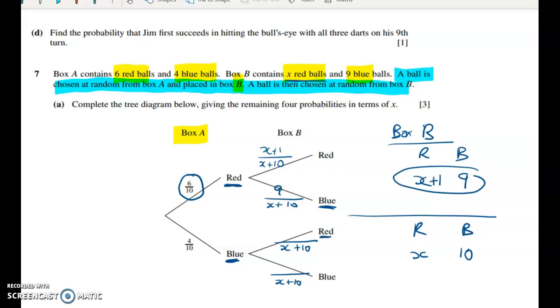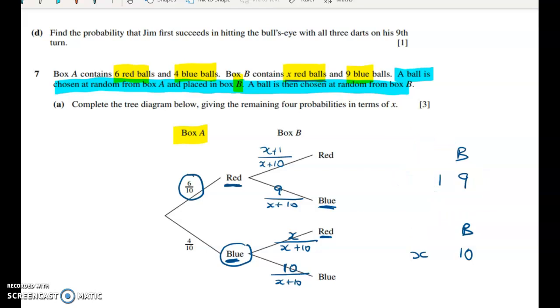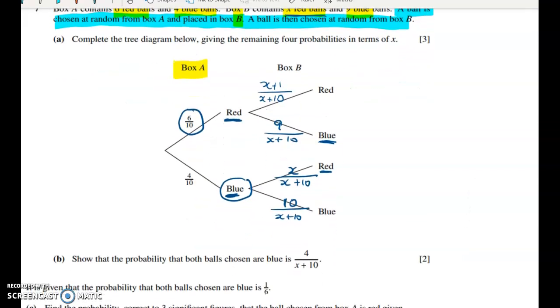The probability here that we choose a red ball from box B when we transferred a blue one will just be x over x plus 10. And the probability that we get a blue one will be 10 over x plus 10. So if you've gone carefully through that setup, I think those 3 marks are not too bad, and I think the rest of the question is not too bad.